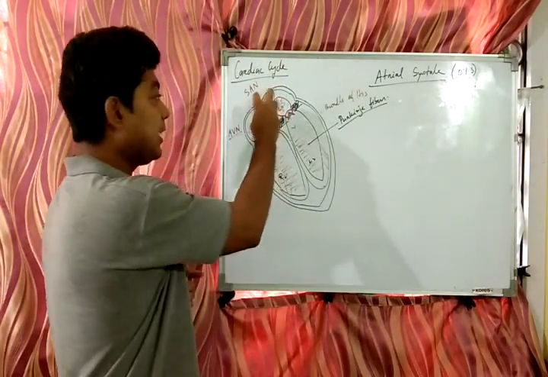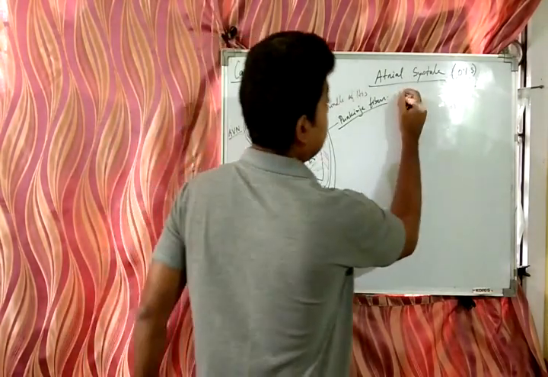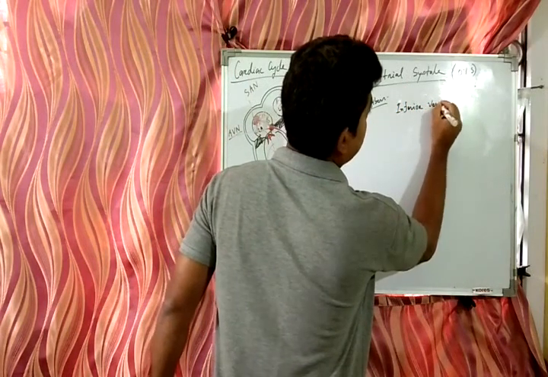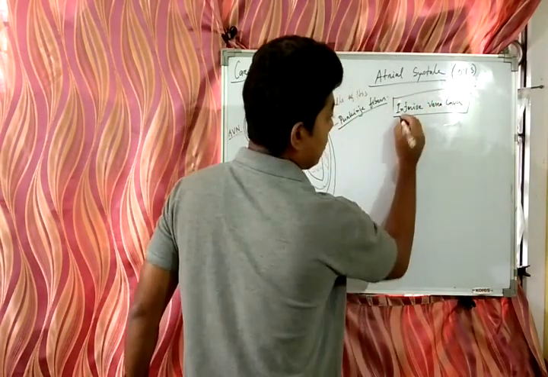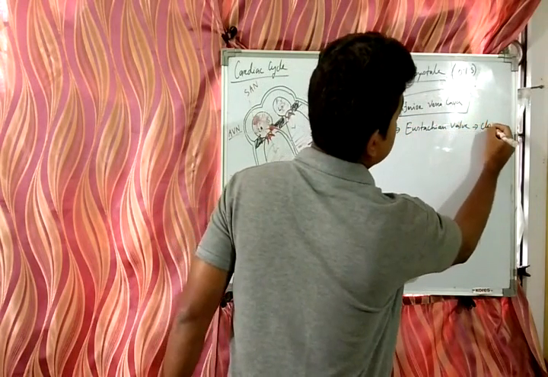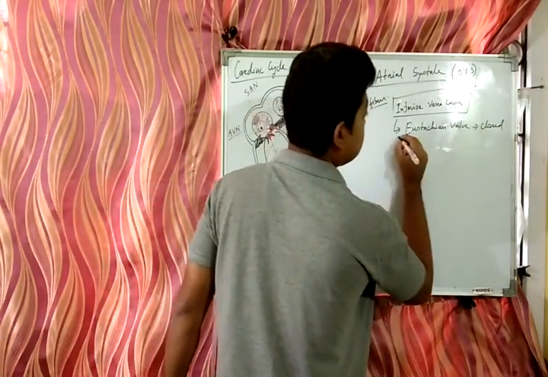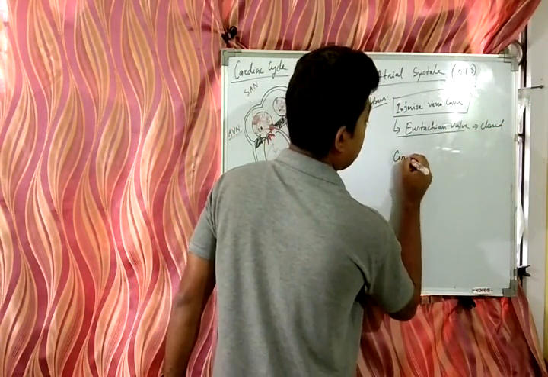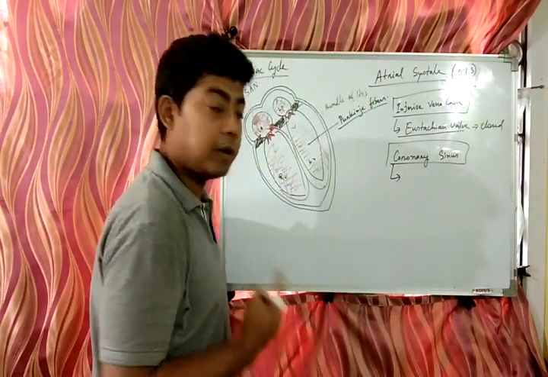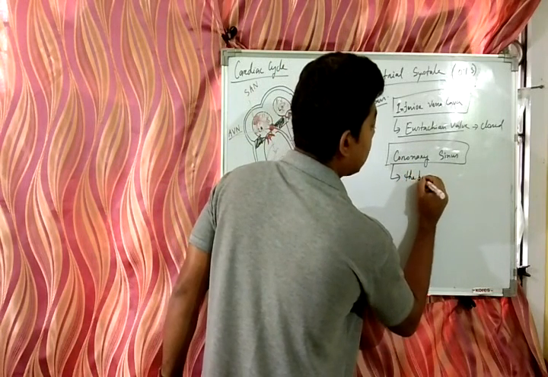And when the atria give pressure, the valve present in the inferior vena cava, called the Eustachian valve, becomes closed. And another valve is present in the coronary sinus, called the Thebesian valve.